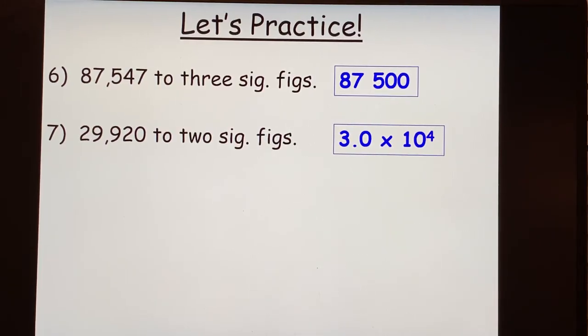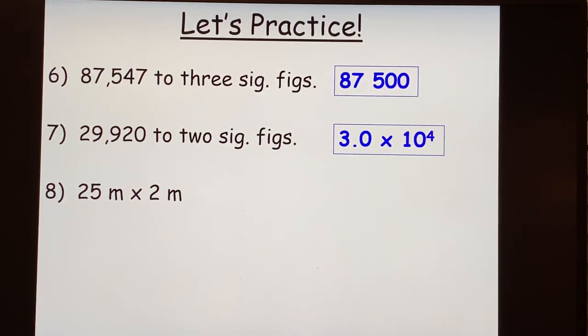Even though it has the same numerical value as 30,000, the precision of the measurement is 2 significant figures. Again, this is going to make more sense when we're actually using math to measure things, okay? This is just practice.